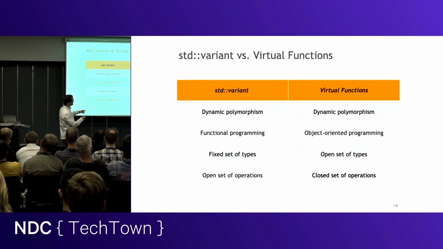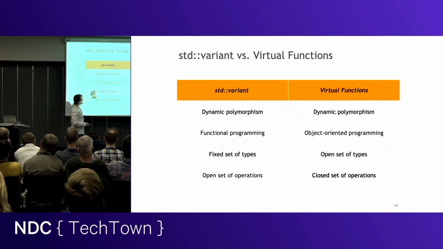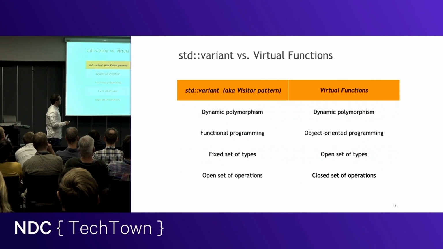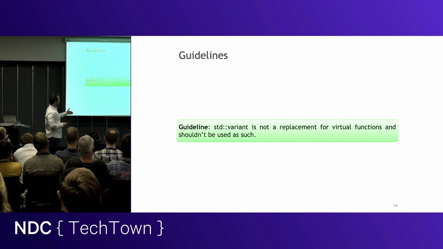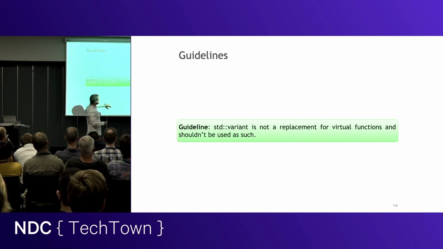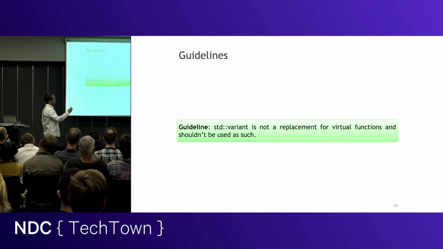So you cannot simply replace them. And that is because, after all, this is a design pattern. We call this the visitor design pattern. That's what basically hides behind this idea. What I think many people fail to realize is that standard variant is indeed not a replacement for virtual functions. It really shouldn't be used as such. It's something different, a specific solution for a specific problem.